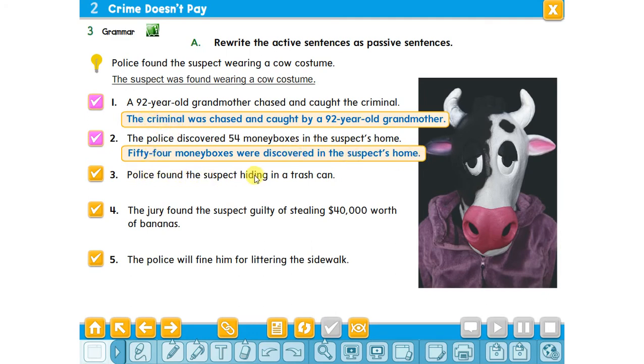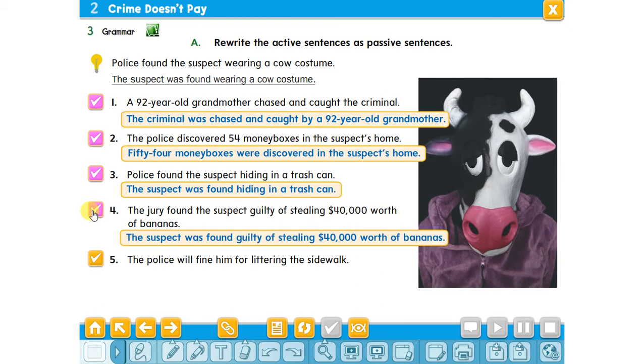Police found the suspect hiding in a trash can. ها؟ The suspect was found hiding in the trash can. The jury found the suspect guilty of stealing $40,000 worth of bananas. نقول the suspect was found برضه نفس الشيء، وهنا وبكمل الجملة.